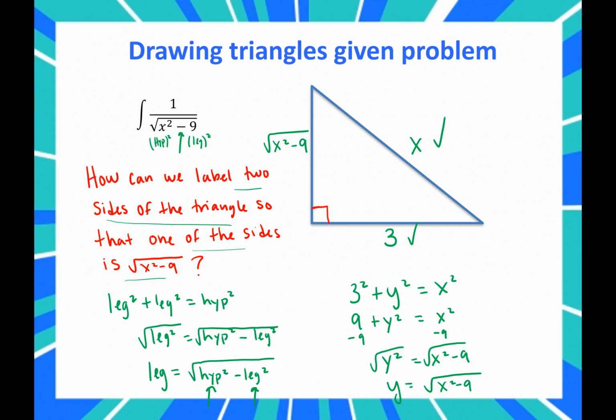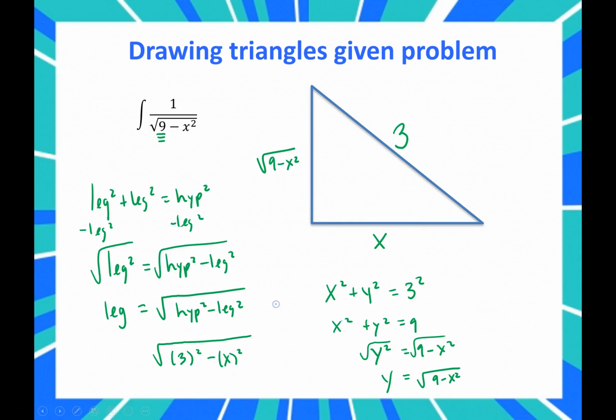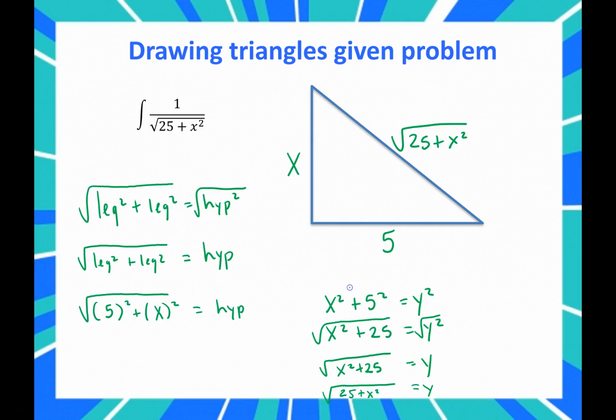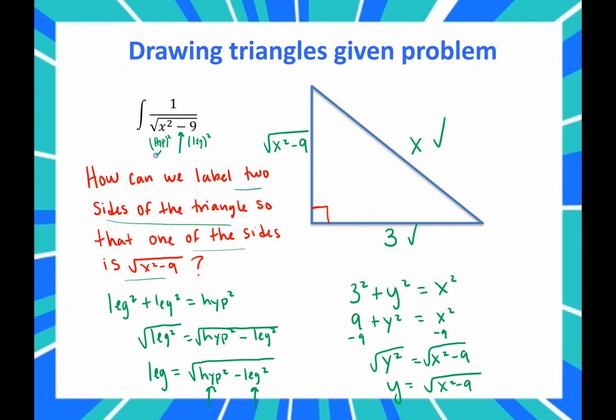On the last problem, this is the same thing here. This will be your hypotenuse squared minus your leg squared. That's why I labeled my hypotenuse as 3 and my leg as x. Similarly, that's why I labeled my hypotenuse as x and my leg as 3.